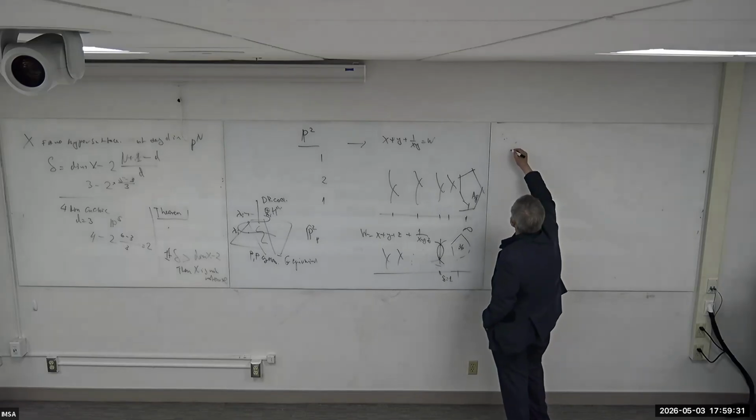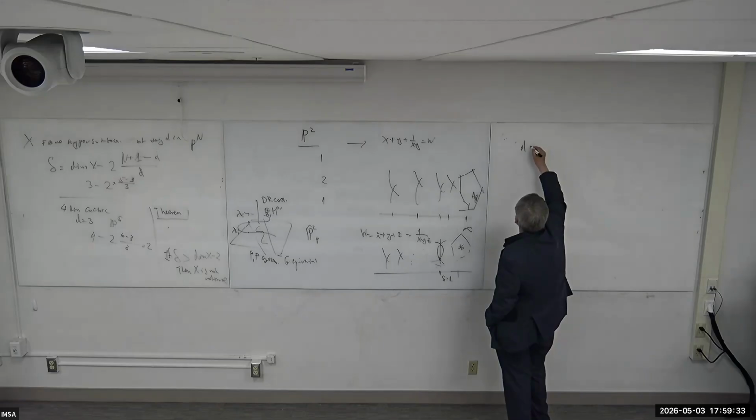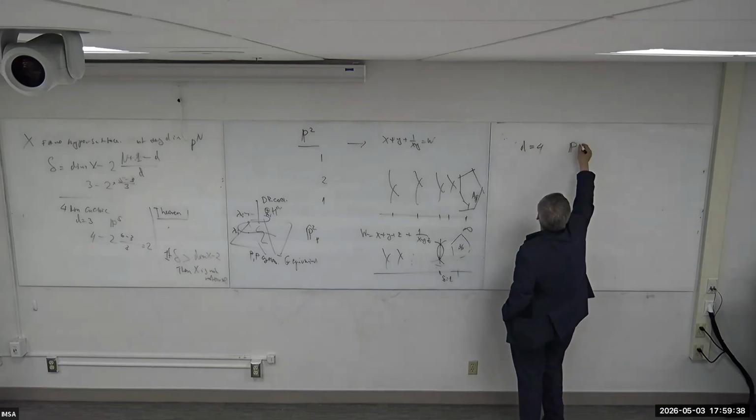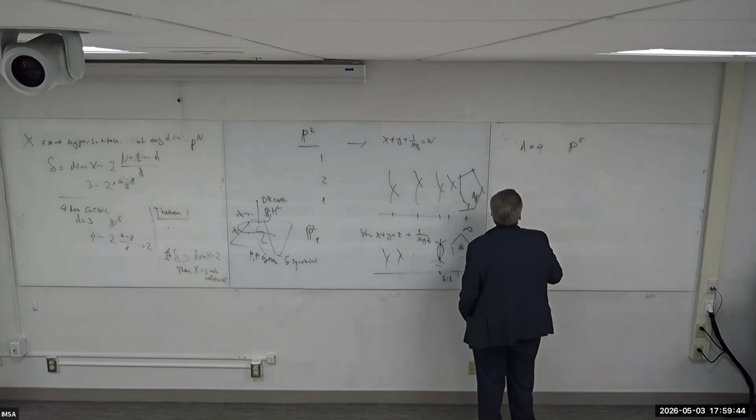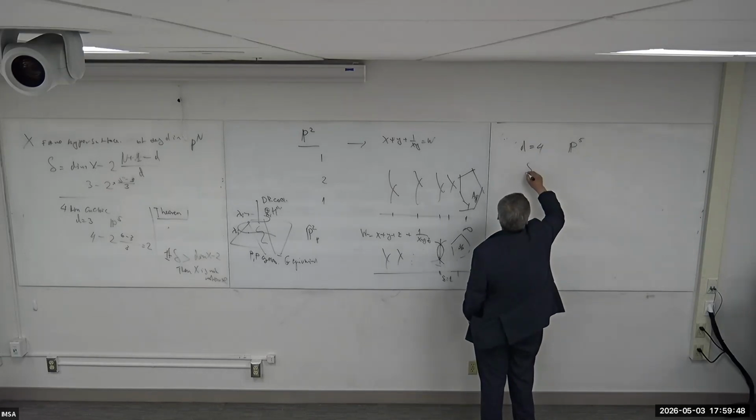So let's consider the case of a degree 4 hypersurface in P5. What we get in this case is delta equal to 4.